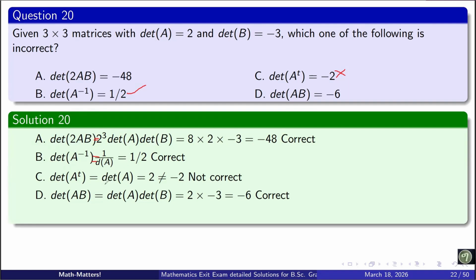The last one, the determinant of AB is equal to the determinant of the product of two matrices, which is the same as the product of the determinants of the individual matrices. Therefore, 2 times minus 3, which is minus 6. This is also okay. Therefore, the incorrect one is C.